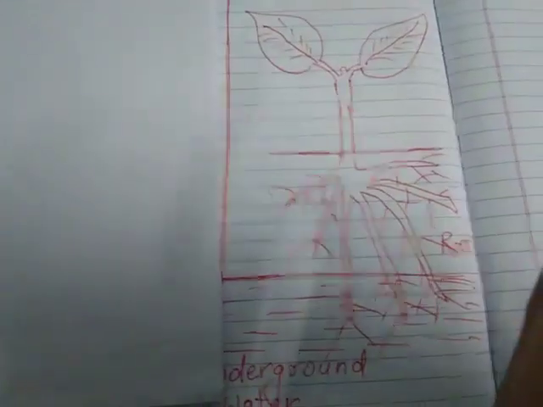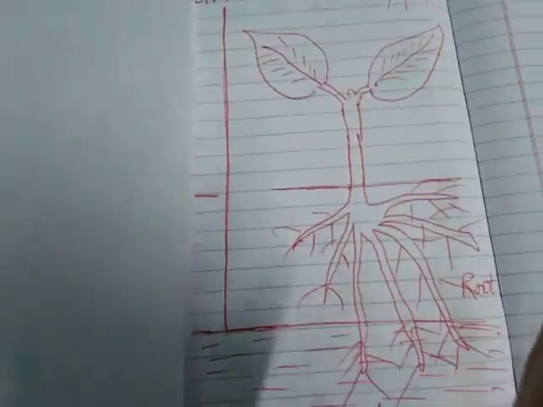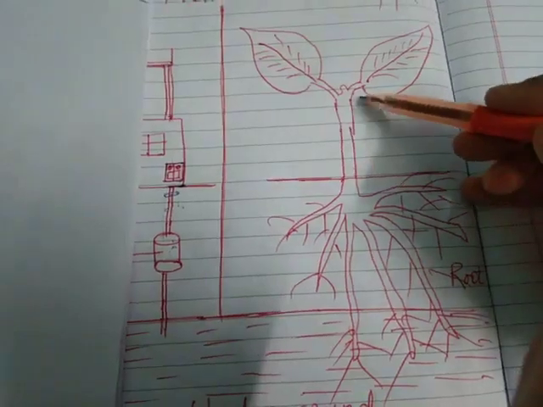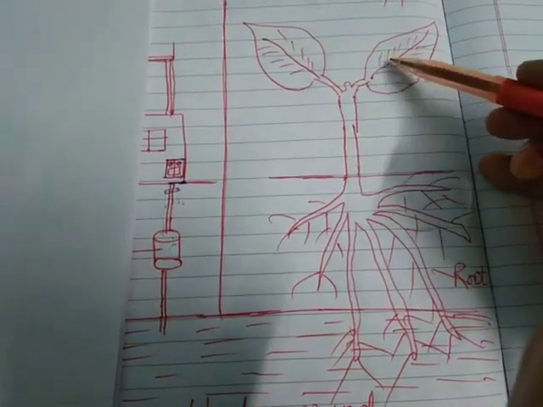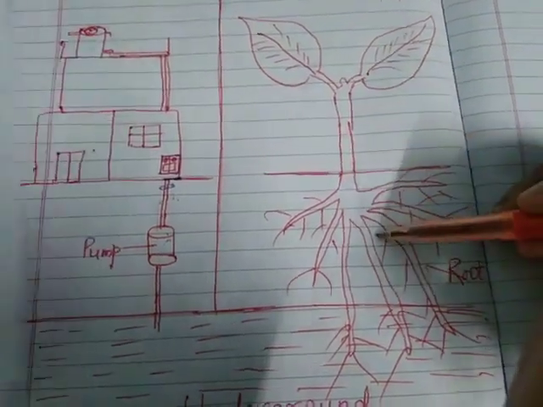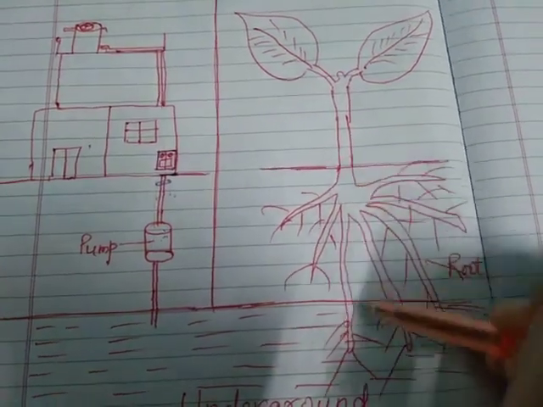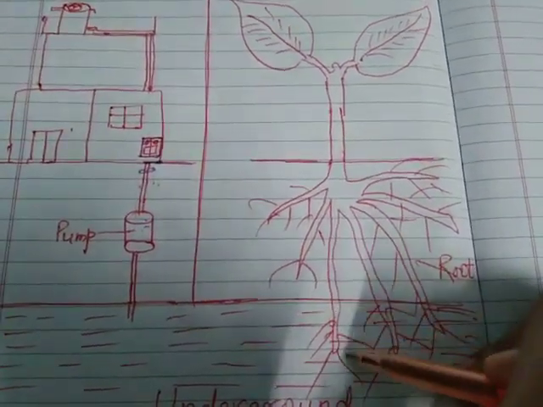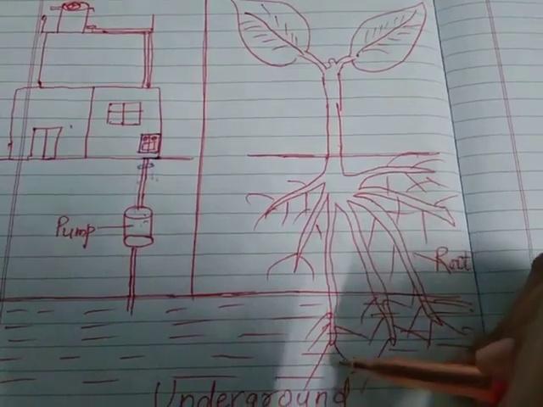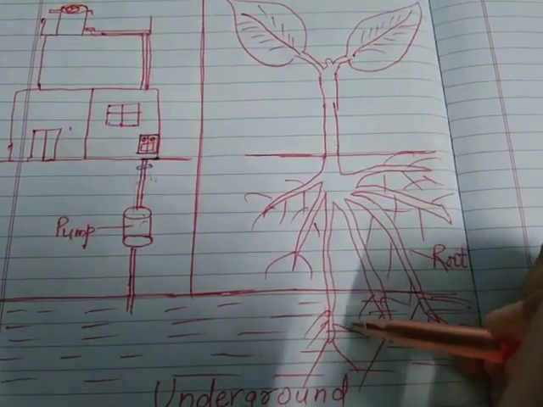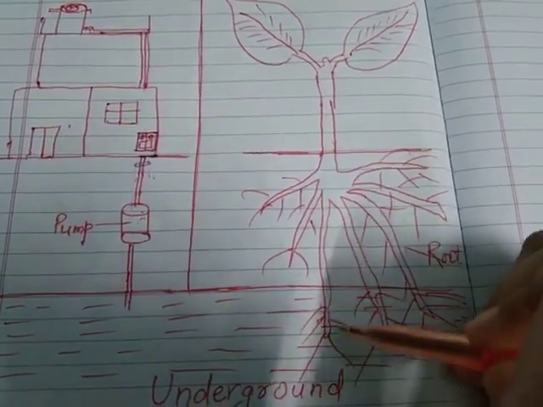Let's see this diagram. This is a plant, with root, stem and its roots. The roots are deeply merged underground.